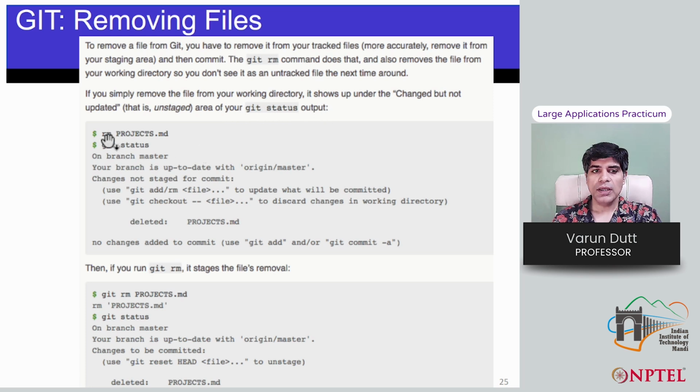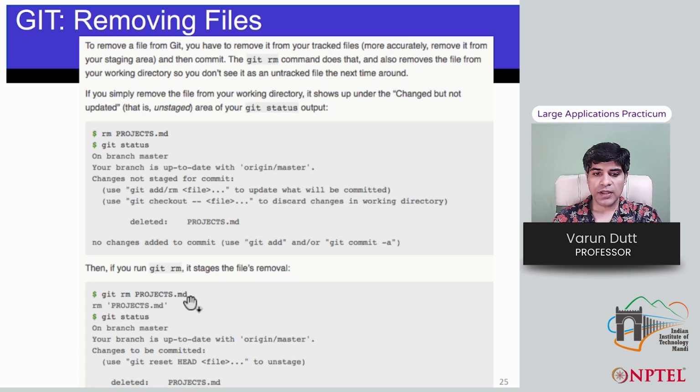For example, let's remove a file projects.md and run the git status command. You can see that it shows changes not staged for commit. Basically this file has been deleted, and no changes added to commit. If you now run the git rm command, it stages the file for removal.